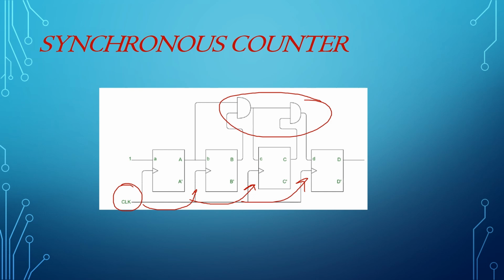So that's what I meant to say about counters and the brief description about the types of counters, and also the examples of synchronous counters are ring counter and Johnson counter, and also up counter and down counter. We can make them using a synchronous counter. We will discuss it later. The main examples of asynchronous counters are ripple up counter and ripple down counter.